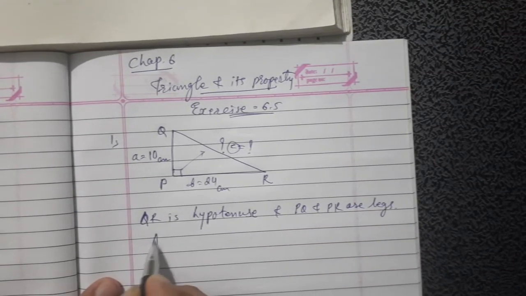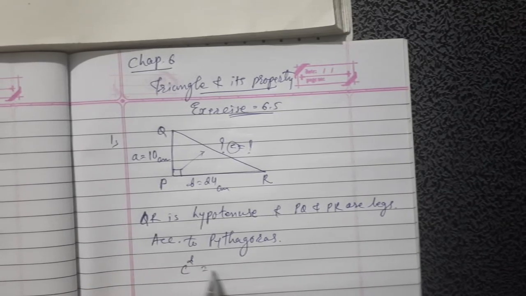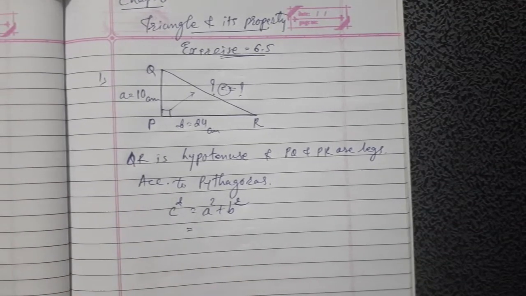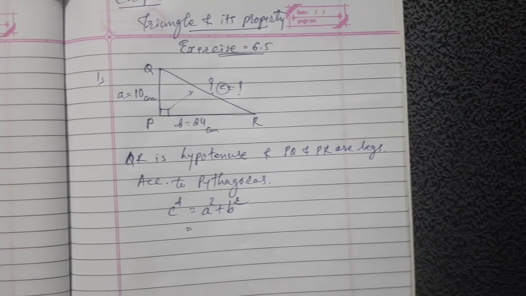So according to Pythagoras, C square equal to A square plus B square. The square of the hypotenuse is equal to the sum of the squares of the legs. We know that.